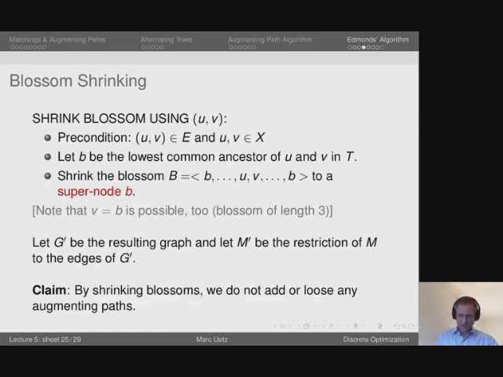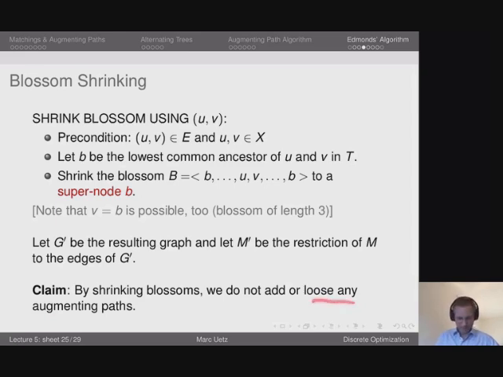We need to prove this little claim, namely that by shrinking these blossoms, we do not lose any augmenting paths in the graph that have been present before. Losing augmenting paths that were present in the graph, but we didn't find, was our problem that we wanted to solve.